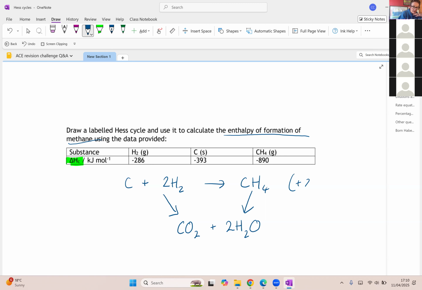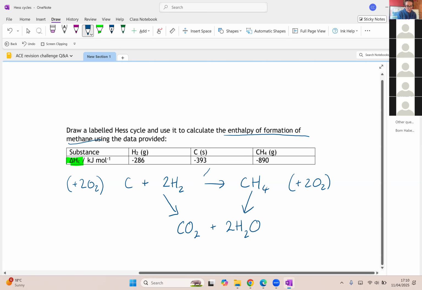And I'm actually adding oxygen, but we don't normally write that, or sometimes we write it over the arrows, but it cancels out. So we're adding the oxygen, and we've got an enthalpy change, and we can add it all up, and then we can find the enthalpy change here.